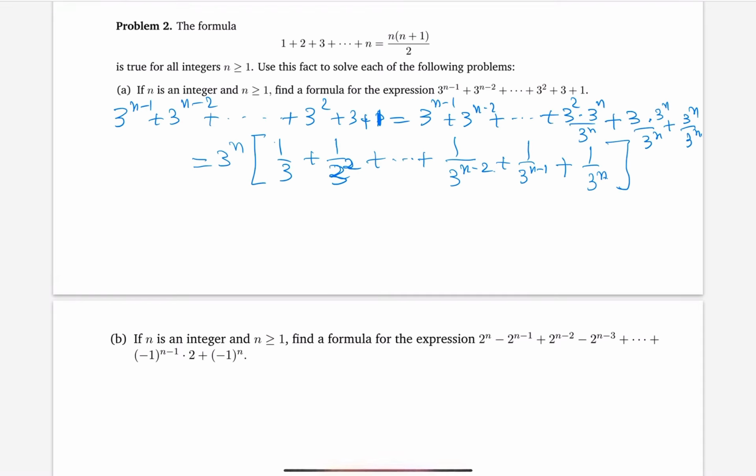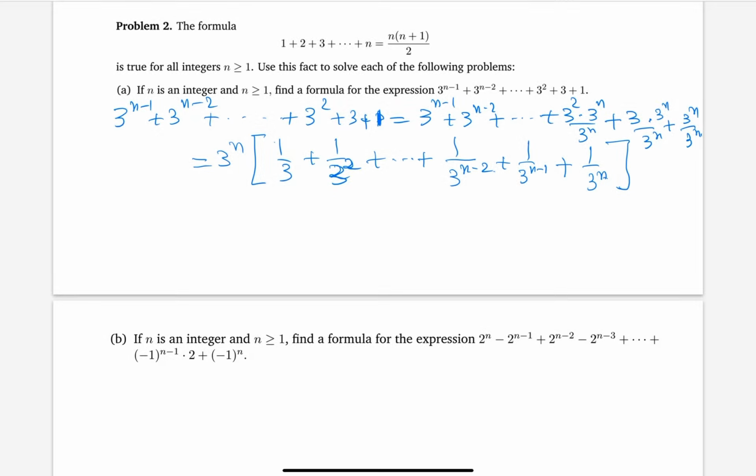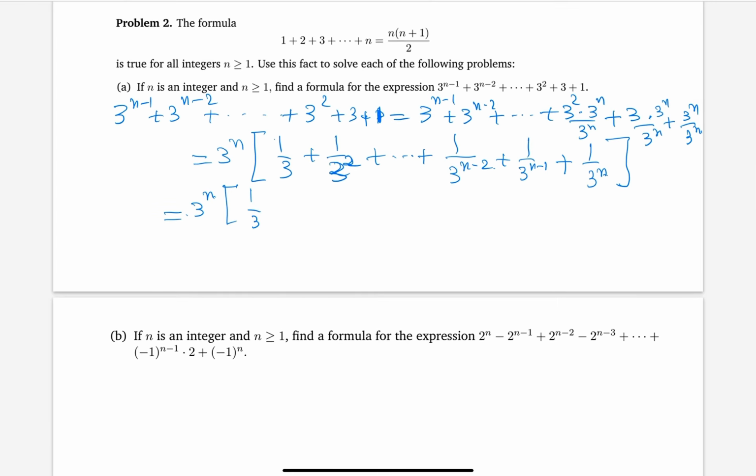Now this one is just factorized by 3 to the n, and you will get 1 over 3 plus 1 over 3 squared, and so on, plus 1 over 3 to the n minus 2, plus 1 over 3 to the n minus 1, plus 1 over 3 to the n.